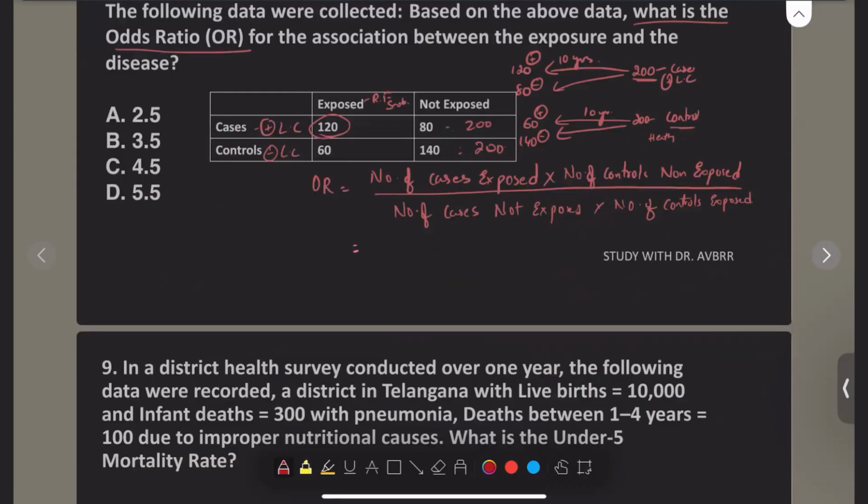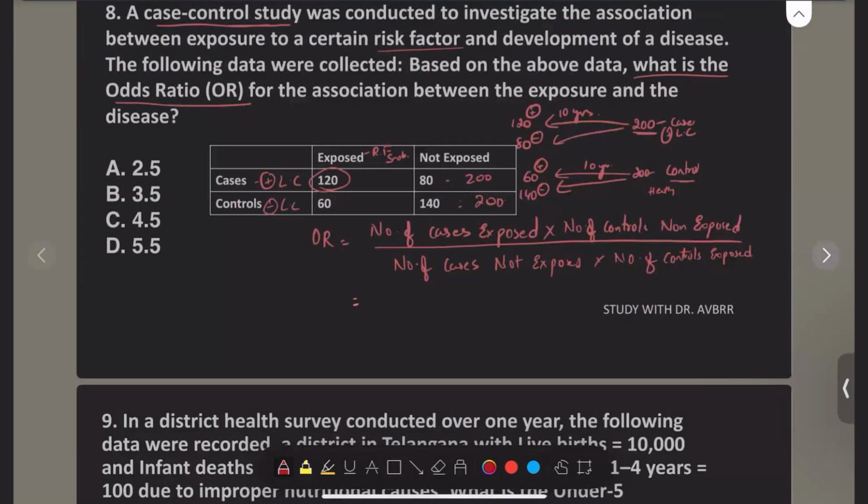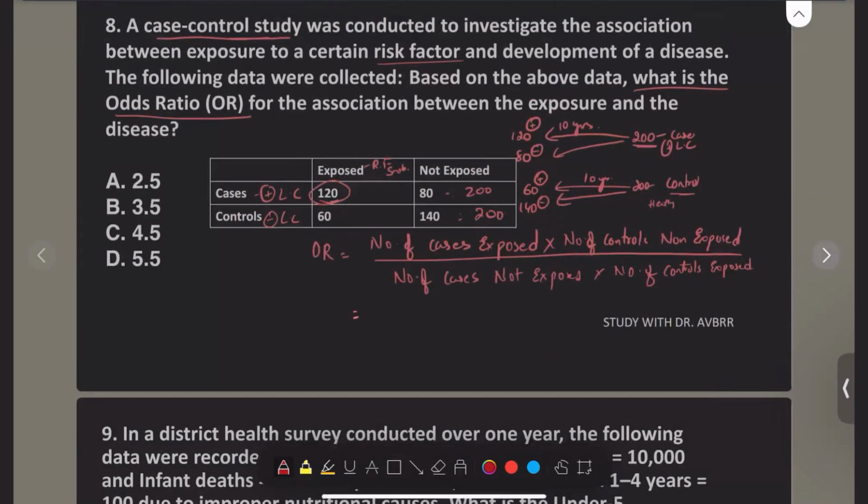So according to the formula, number of cases exposed is 120, multiplied by number of controls non-exposed, 140, divided by number of cases not exposed, 80, multiplied by number of controls exposed, 60.